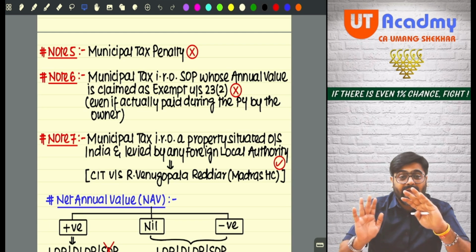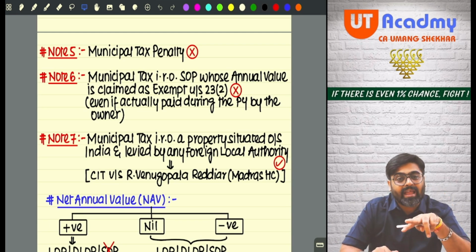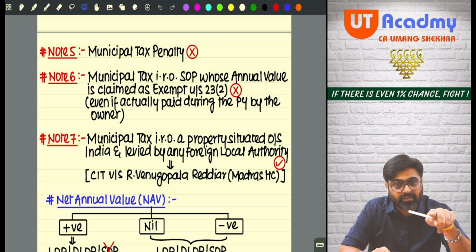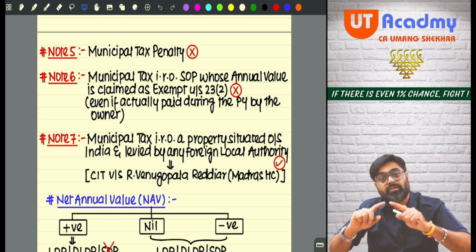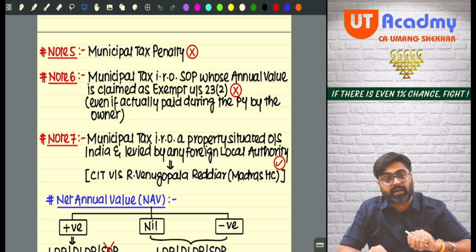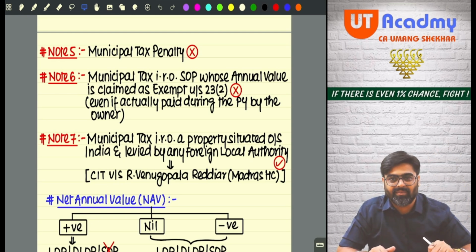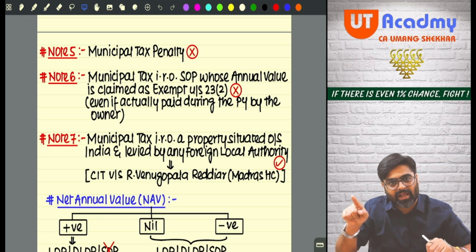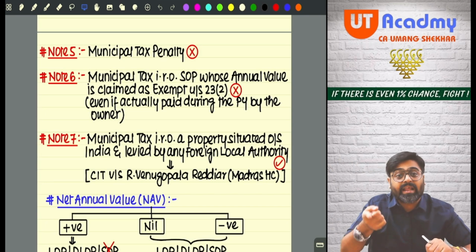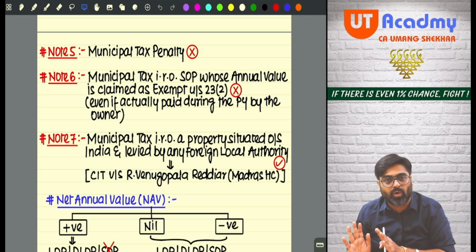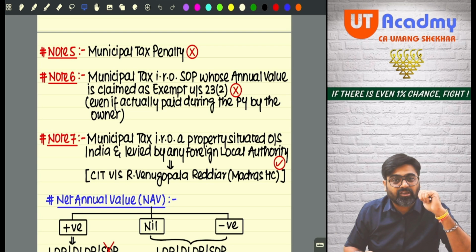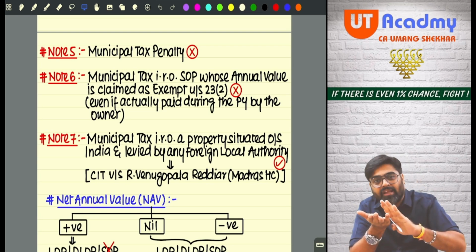And what if there was vacancy? Then I will see that even after vacancy is there, still my actual rent is greater than or equal to your expected rent. Just imagine if vacancy was not there, it would have been more. Then in that case also actual rent will become GAV. But if there is a vacancy and actual rent is lower as compared to the expected rent, then I will add the vacancy period rent.